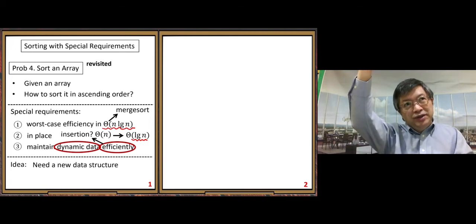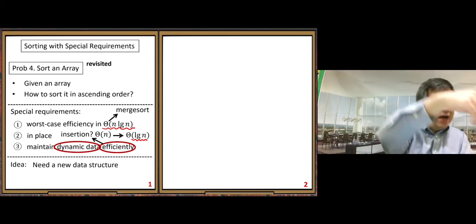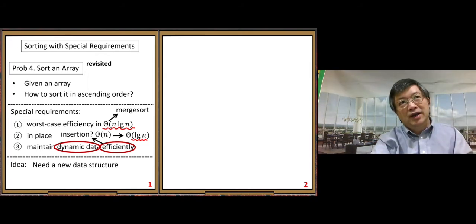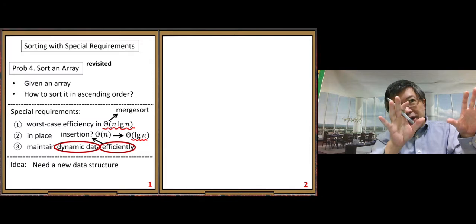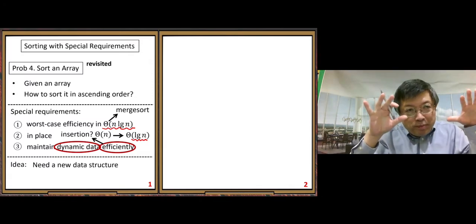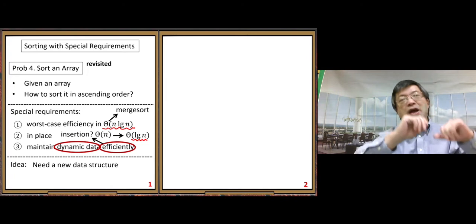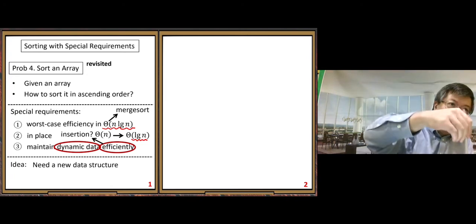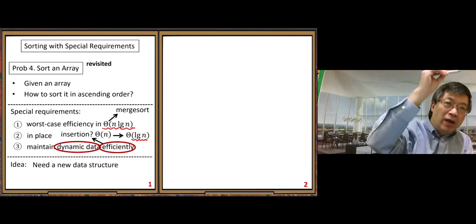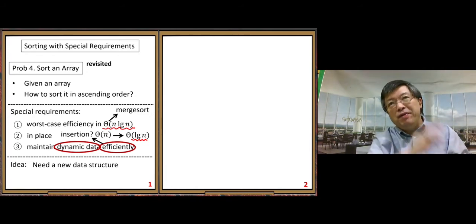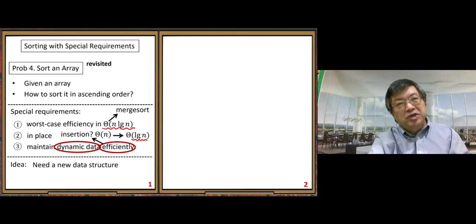So from the root going down to the bottom level, if your tree is close to the balanced case, then the height of the tree is approximately log base 2 of n. So that is the experience we have before.